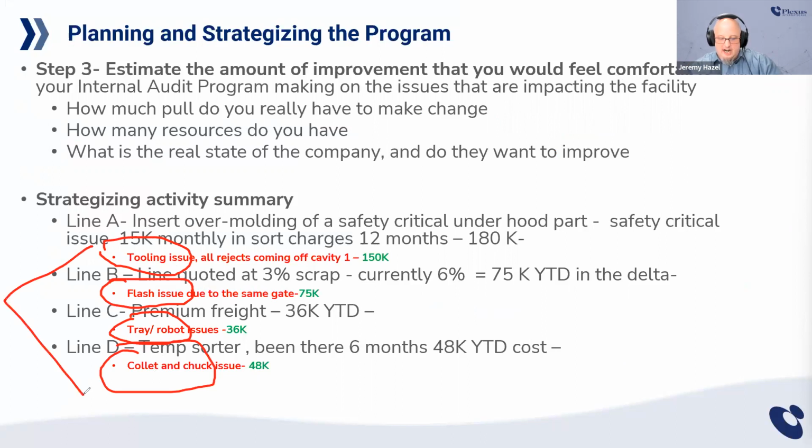If I do not have auditors that have that experience, I will never be successful at solving this. So when we think about auditor competency, and I will tell you straight up, I am not an engineer. I'm a finance guy with a quality background. If you send me out to fix a tooling issue in a molding tool, it does you no good to send me, because what am I going to do? Stare at it and look at it like, yep, that's broken, all right.